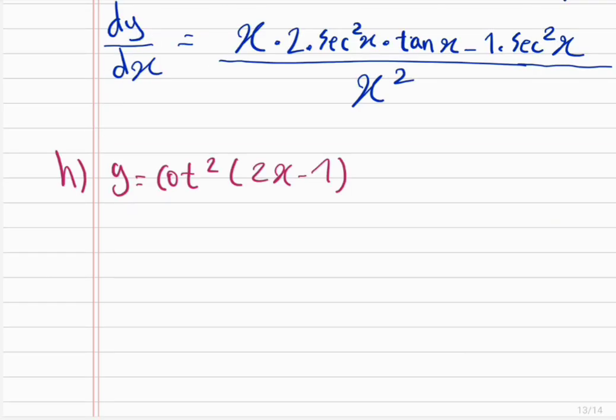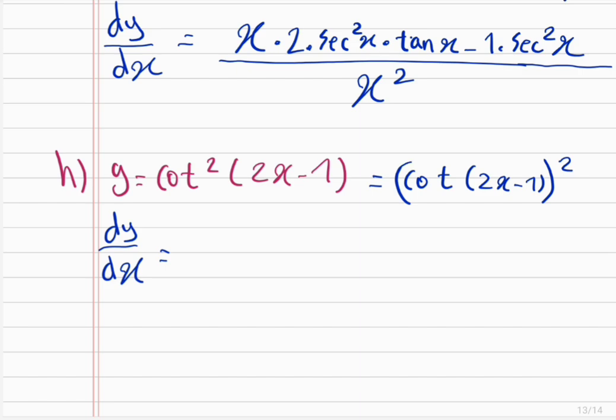Okay, question H. We have y is equal to cot squared 2x minus 1. In this one, we need to use the chain rule and some of the standard results from trigonometric functions. Again, it's a chain rule, so we can rewrite it in this form just to help us because it's a nicer form.